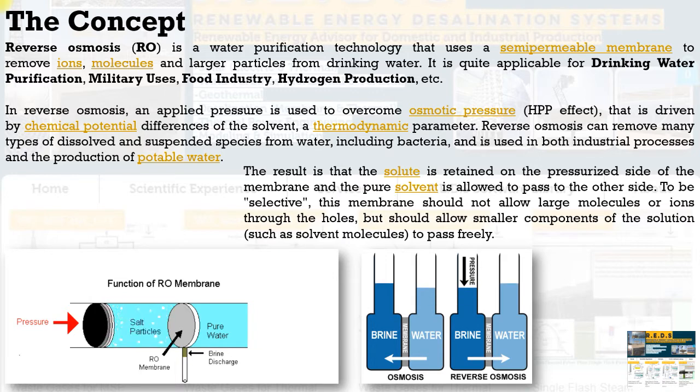The result, simply, is that solute is retained on the pressurized side of the membrane, and the pure solvent is allowed to pass to the other side. To be selective, this membrane should not allow large molecules or ions or such materials to go through the holes, but should allow smaller components, which are part of the solution, to pass freely through the membrane.